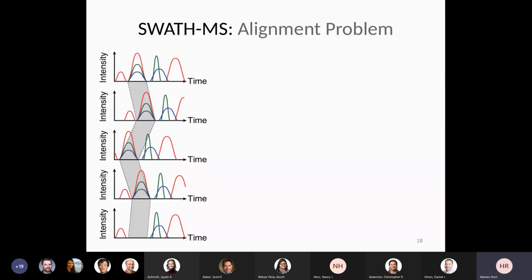So the nano LC chromatography was now actually the major source of variation, because we have eliminated the source of semi-stochastic variation coming from the data-dependent selection algorithms used in shotgun proteomics. And so the problem that we turn to next is the alignment problem of chromatograms, where the problem basically consists in the question of which of these peaks correspond to each other, right?